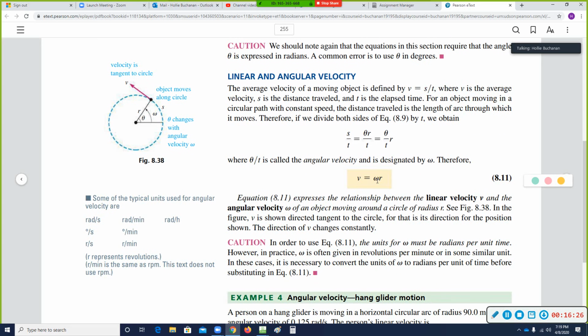If this is measured in radian units per whatever time we're interested in, radians per second, radians per minute, radians per hour. If this is degrees per second or degrees per minute, then we have to convert it to radian measure in order to do this.